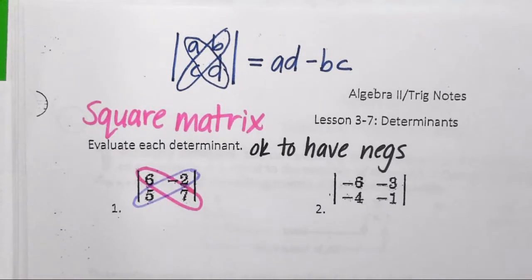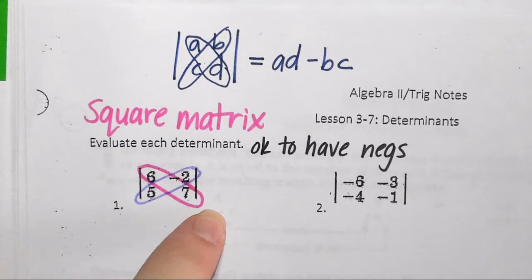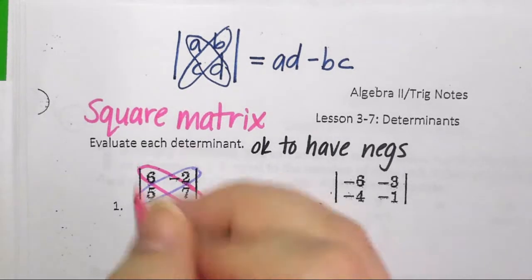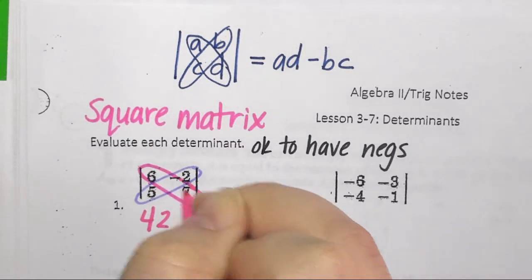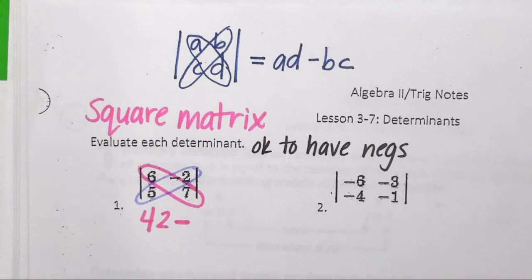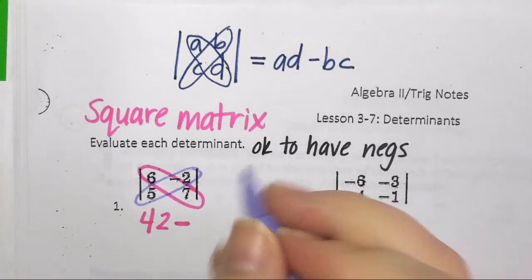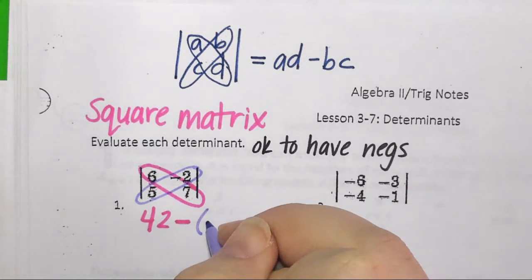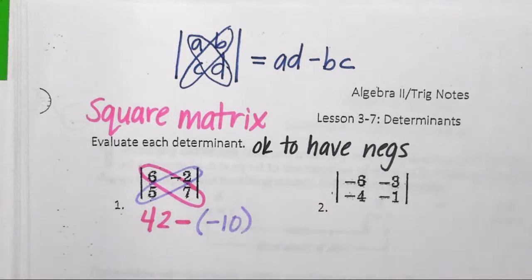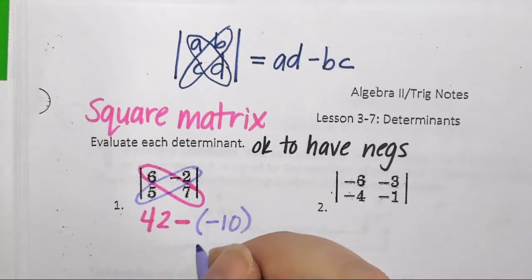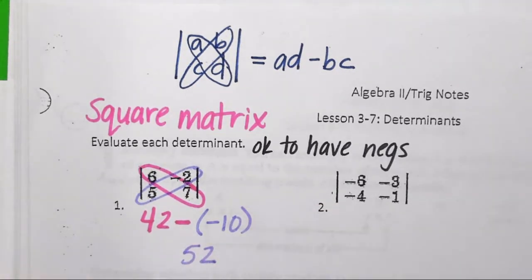Okay, so for our first one, I'm going to do 6 times 7, which is 42. It's always this diagonal minus the other diagonal, which is 5 times negative 2, so negative 10. So it ends up being 42 plus 10, which is 52.